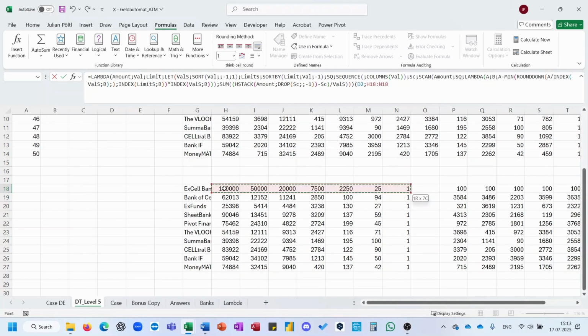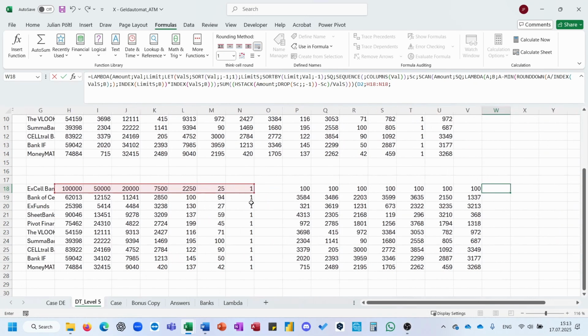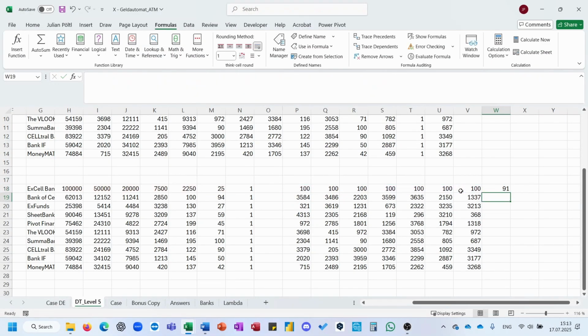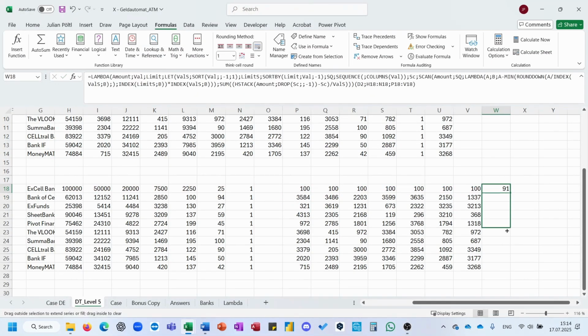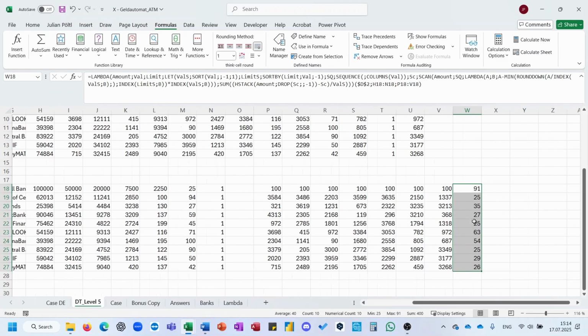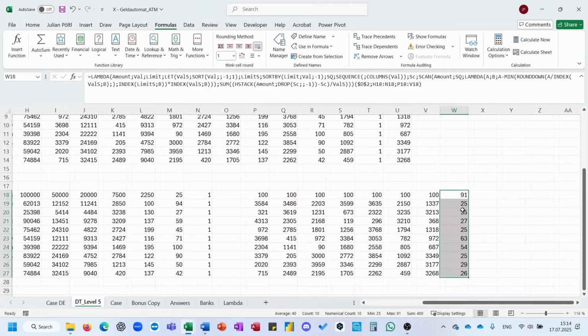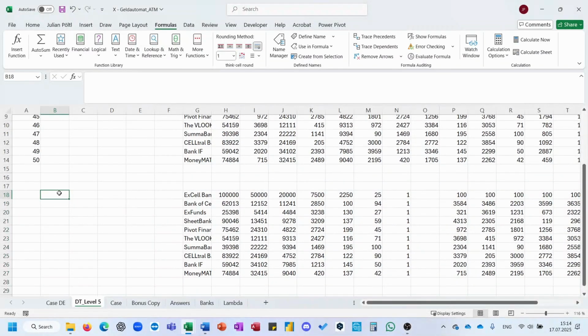My limit is given, my node is given here, and my limit is given here. And now I get to the number of nodes I need for this. Yeah, I should fix this reference. And we now have the number of nodes and the banks.